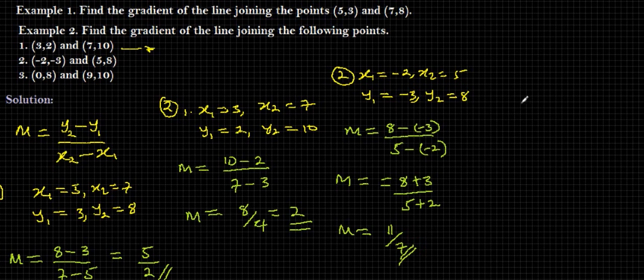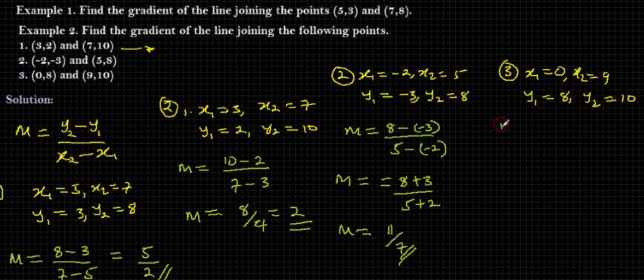So finally, we are going to be looking at number 3 on the example 2. Here we have x1 to be equal to 0, and we have x2 to be equal to 9. We have y1 to be equal to 8, and we have y2 to be equal to 10.